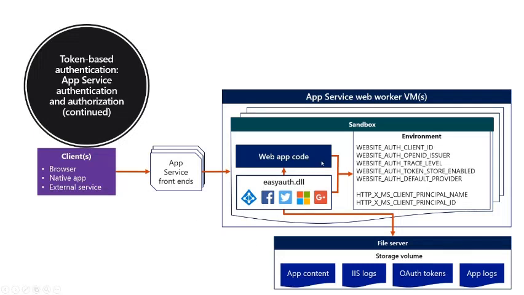So your app service is authenticated and then it injects ClaimsPrincipal.Current, which has all the user specific information, and you can use that in your code to do things with it. So that means you don't have to write any code or very minimal code.